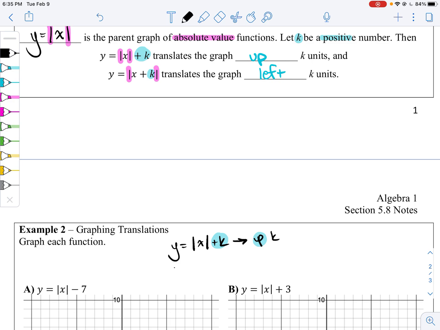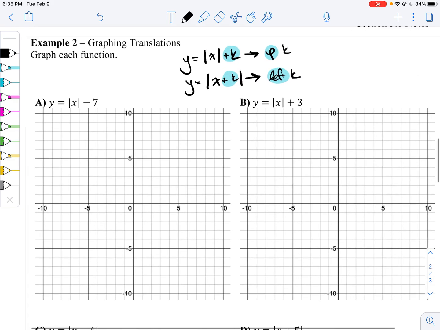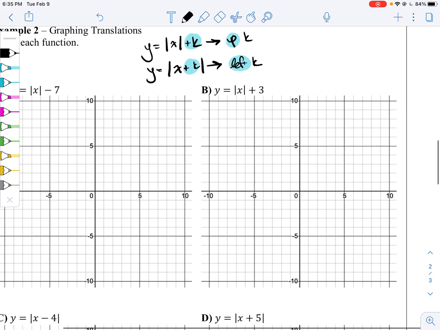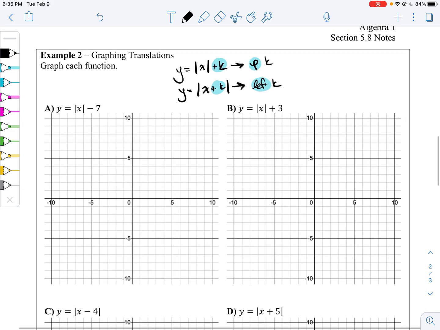And when it's on the inside, y equals the absolute value of x plus k, that means we go to the left. Now that we have that key idea up on the top, we don't have to keep switching back and forth. So write that at the top of your homework too. Key idea.